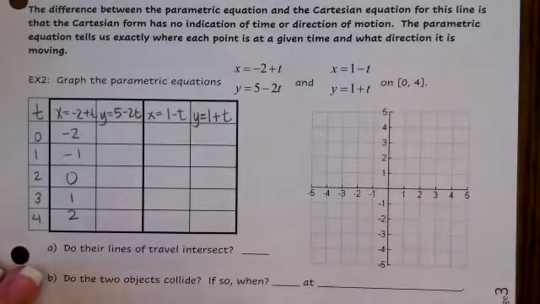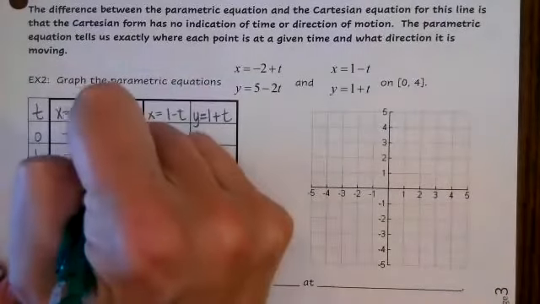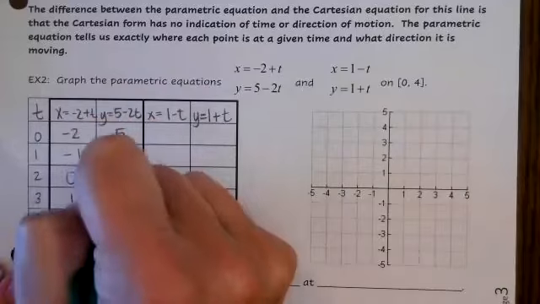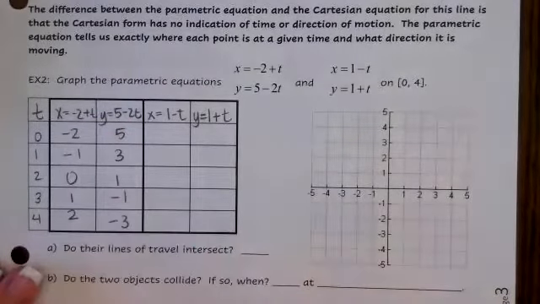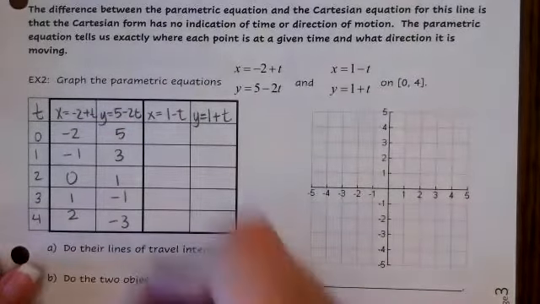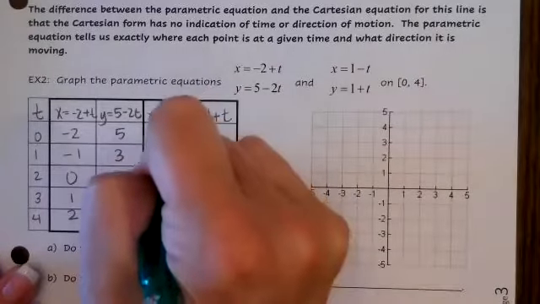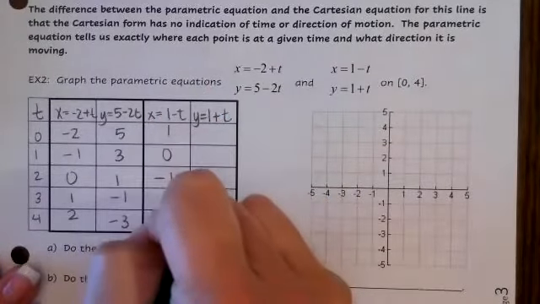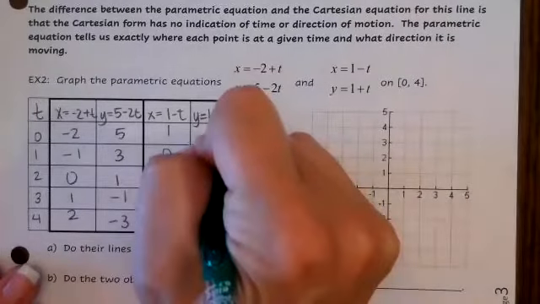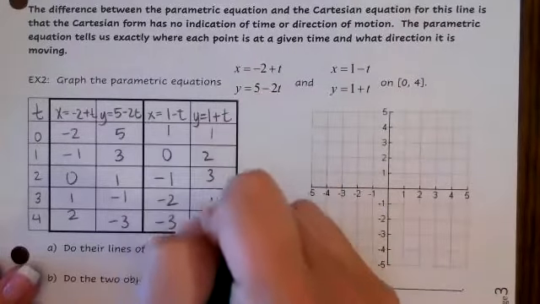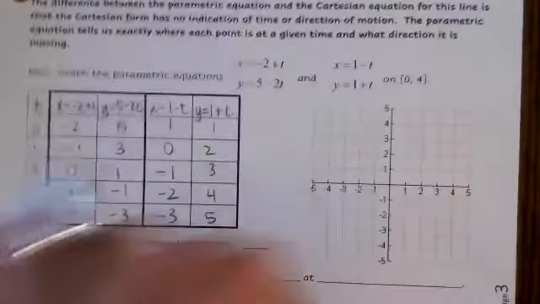So I filled out my first column. I'm going to go ahead and fill out my second column. That would be 5, 3, 1, -1, and -3. My next column is going to be 1, 0, -1, -2, and -3. And then my last one is 1, 2, 3, 4, and 5.